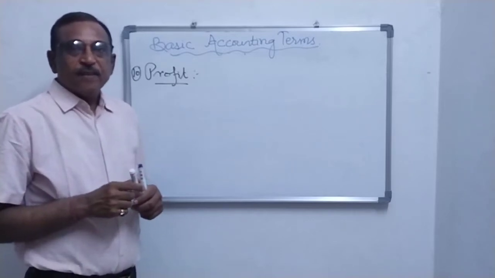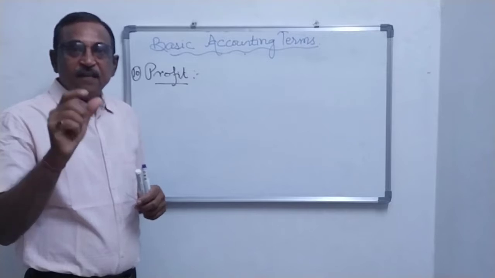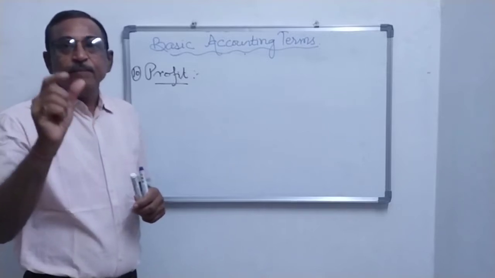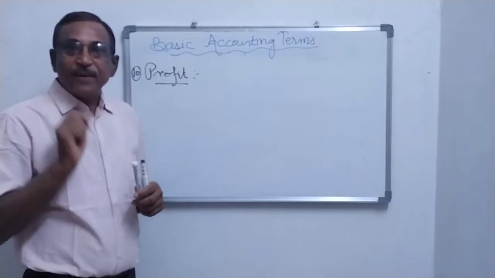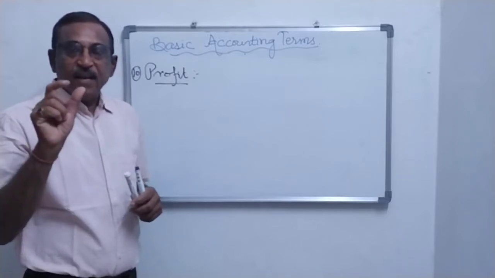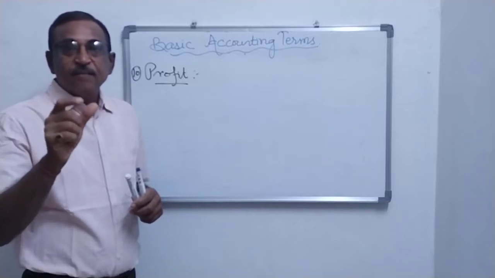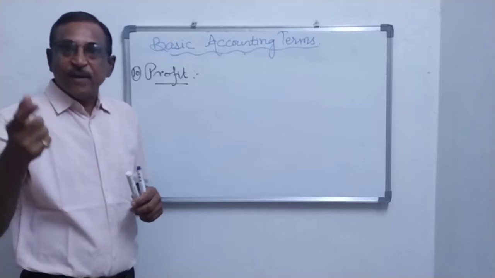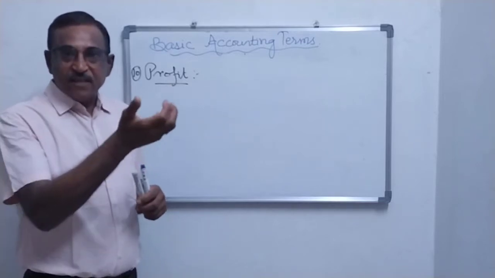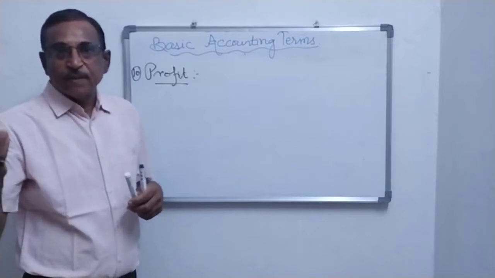Profit means the income of the business that is earned through its operating activities. Now the question is, what are operating activities? Operating activities are the basic activities in which the business deals. Regular buying and selling in case of trading, in case of manufacturing, regular purchase of raw material and converting them into finished goods.